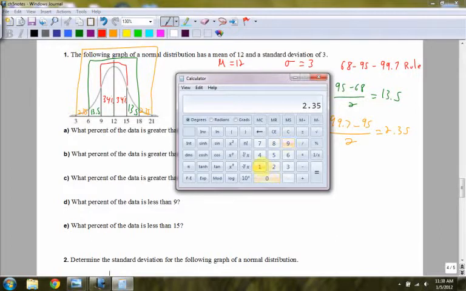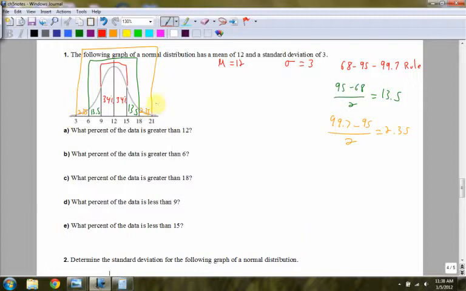So if I have 100% total, subtract off the 99.7, that means I'm left with 0.3%. Divide that by 2, it's going to be 0.15. So the rest of it on this side is 0.15, and on that side is 0.15.